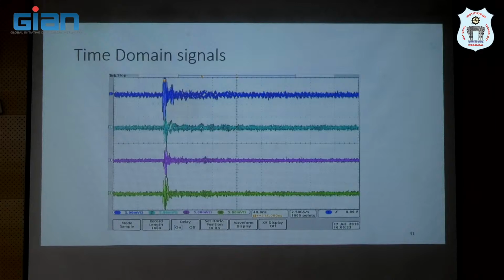As sir told, it is invasive, since we are inserting it, and it should be calibrated properly. Otherwise it is difficult. Calibration, packaging, installation, these aspects they have to take care of very finely.